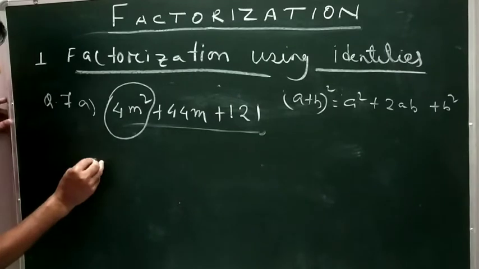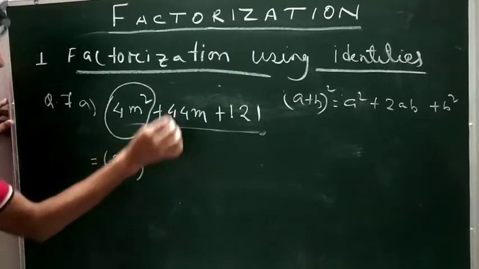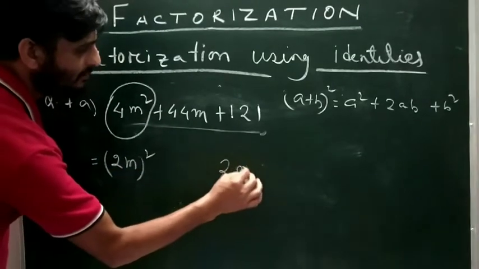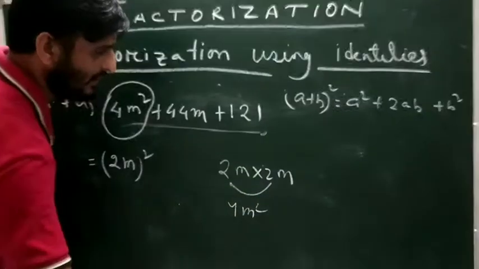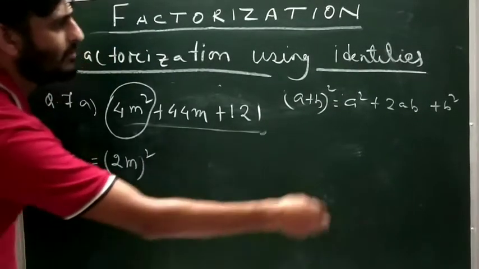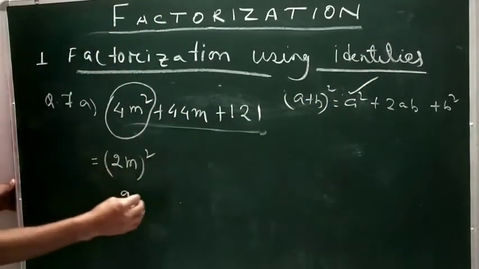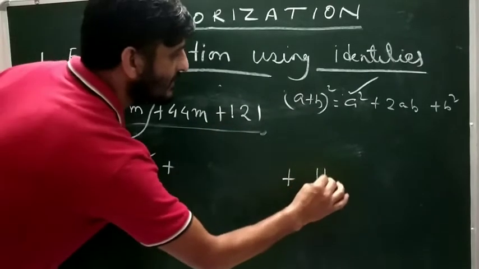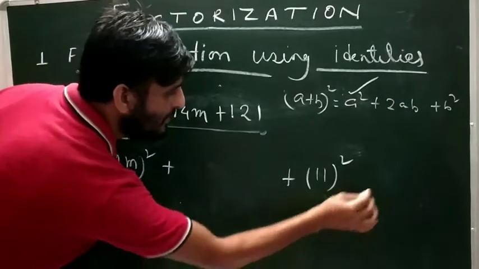It can be written as (2m) whole square, because 2m multiplied by 2m results in 4m square. That means it is of the form a square. Then 121 is the square of 11, so it is b square.